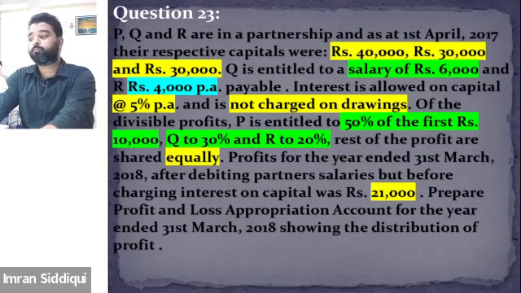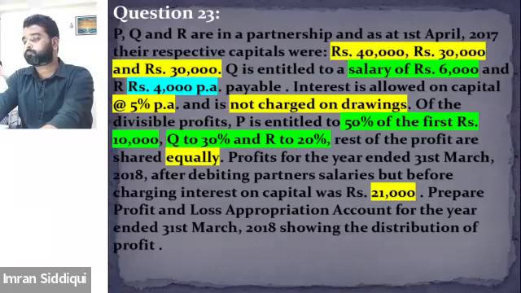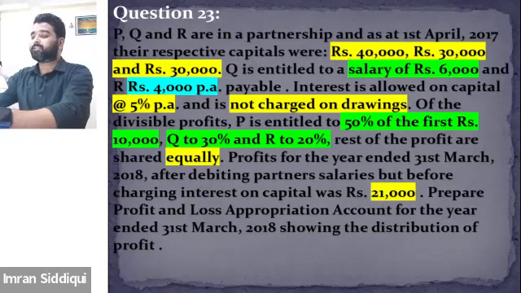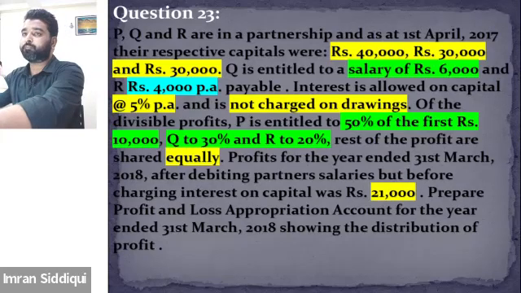Is that clear, all of you? We are yet to find the value of the divisible profit. We will find it, but let me know if this statement is clear to all of you or not. Yes, sir, it's clear. So now let's find out the value of the divisible profit.